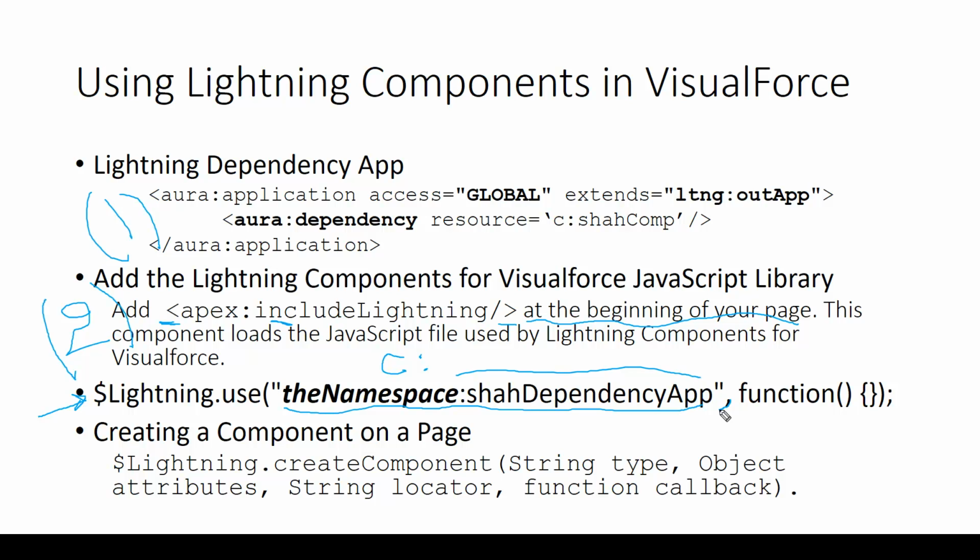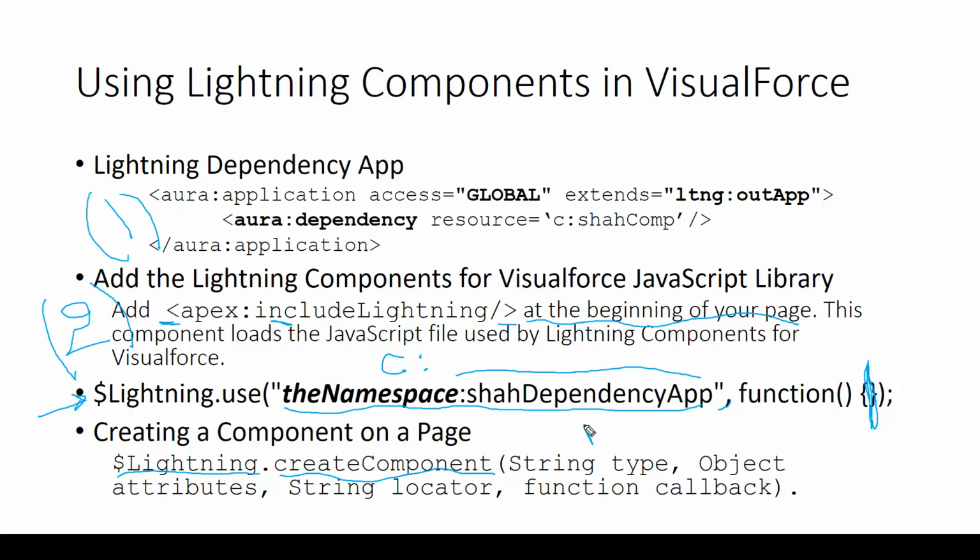Then the second argument is a function. Within the function, you are creating the components for the Visualforce page. What you are doing, you have the create component function here, $Lightning.createComponent. It is taking four parameters.